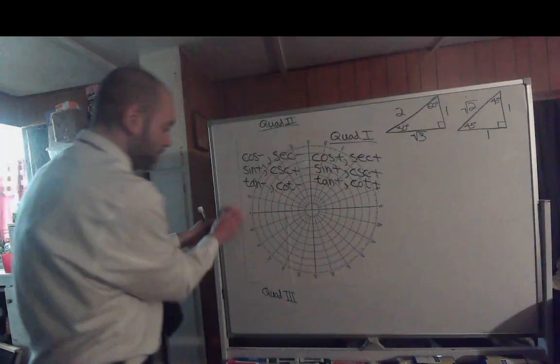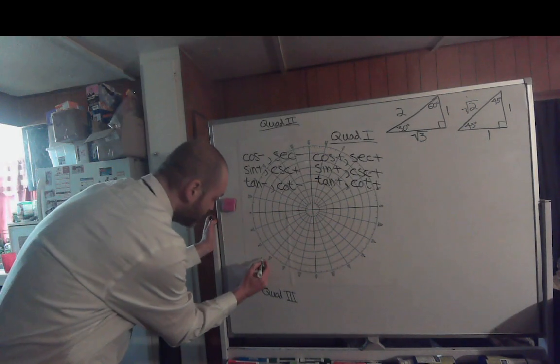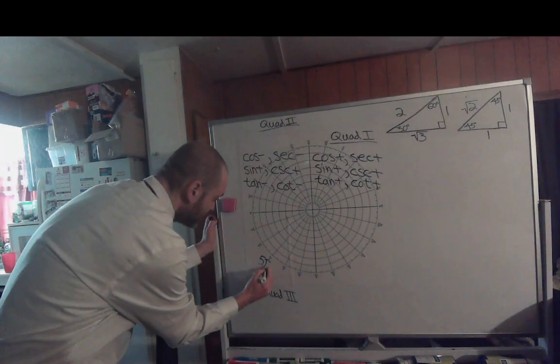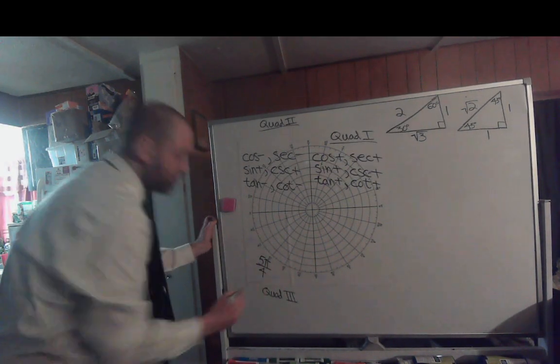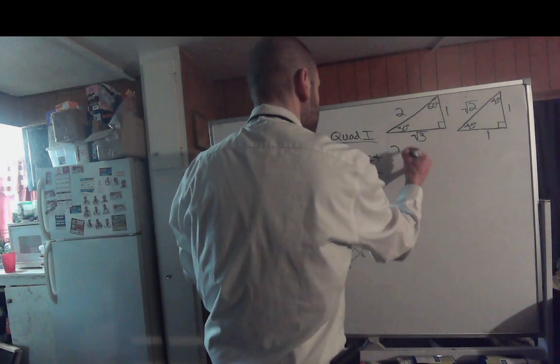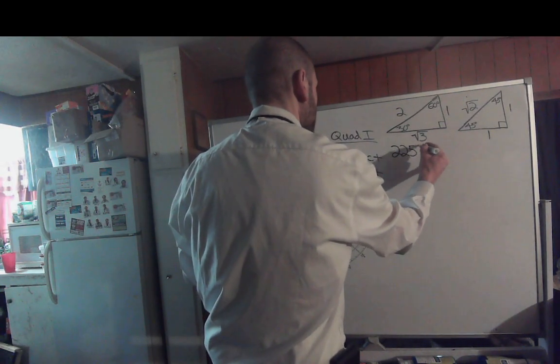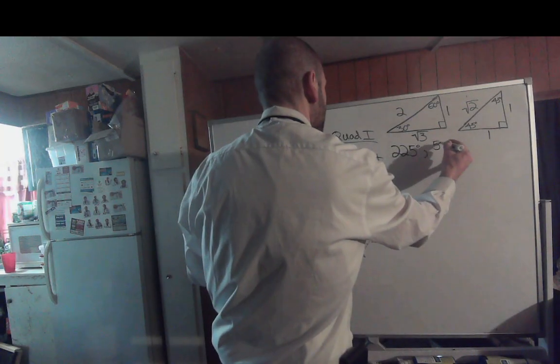Let's do 5 pi over 4, which would be the same as 225 degrees. So let's find 225 degrees, which is the same as 5 pi over 4.